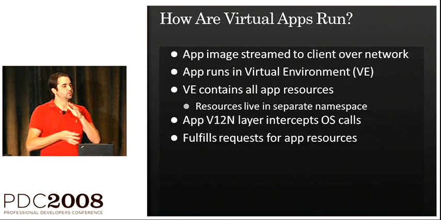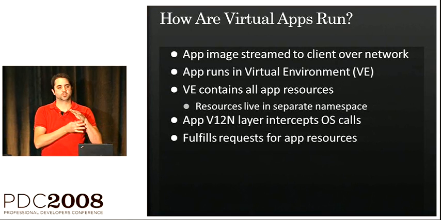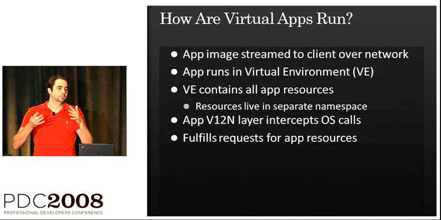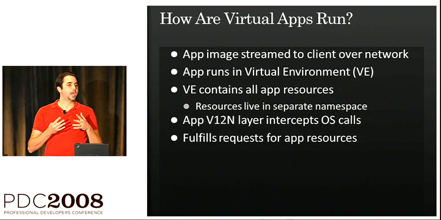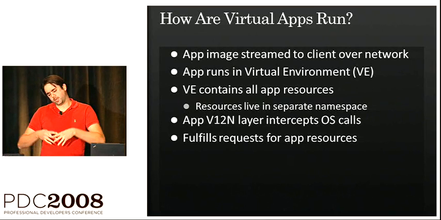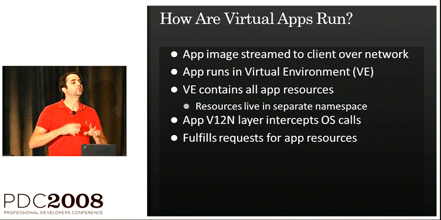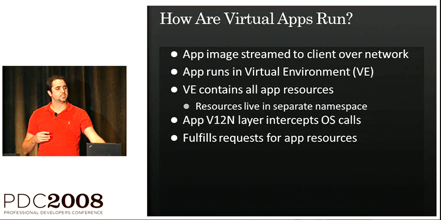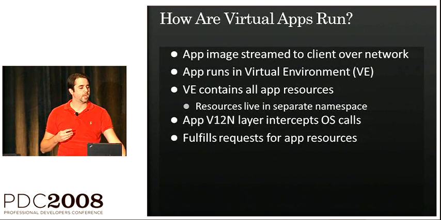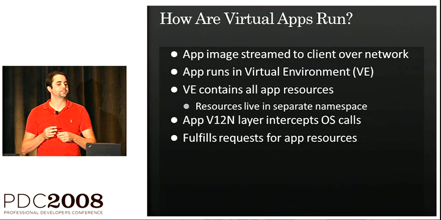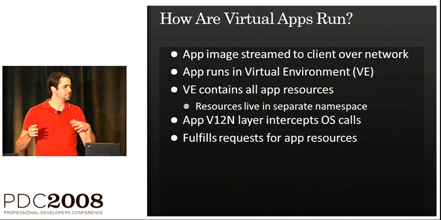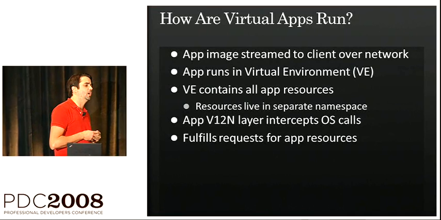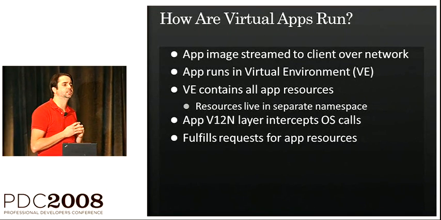Underneath the covers, we do some redirection, some virtualization, or as I like to call it, lying. We lie to the application. We tell it, yeah, sure, here's your file, just where you expected it to be. As far as the application's concerned, it sees the file that it installed, it can access it, it runs, and it all works. There's obviously a lot of complexity there, but that's the basic idea.